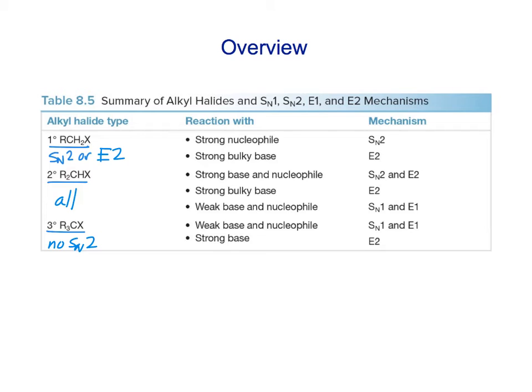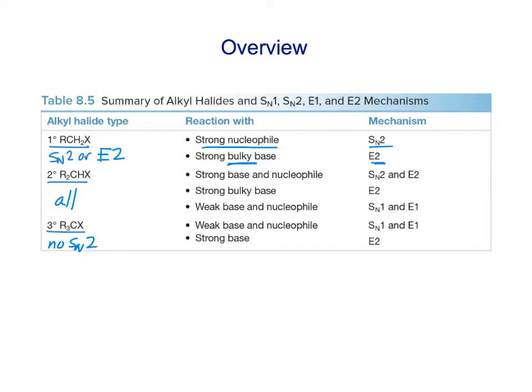Let's look. So for primary, if we have a strong nucleophile, particularly if it's small, it's going to favor SN2. If we have a strong nucleophile that's a strong base and it's bulky, so it's big, substitution is more difficult and we will see more elimination, E2.